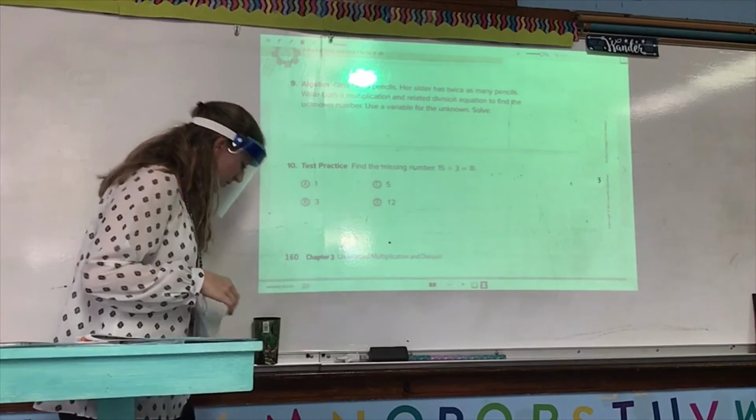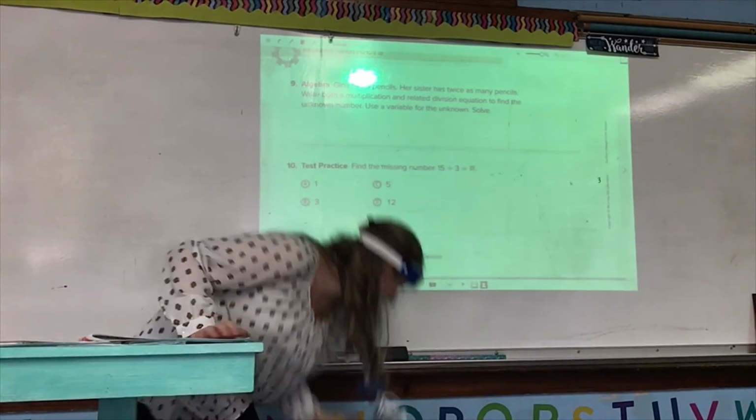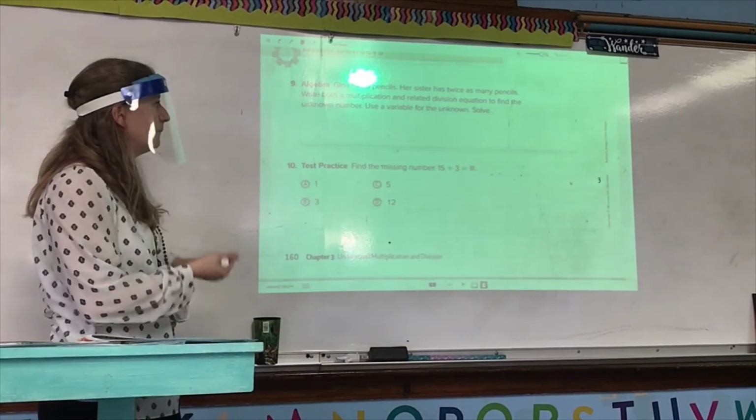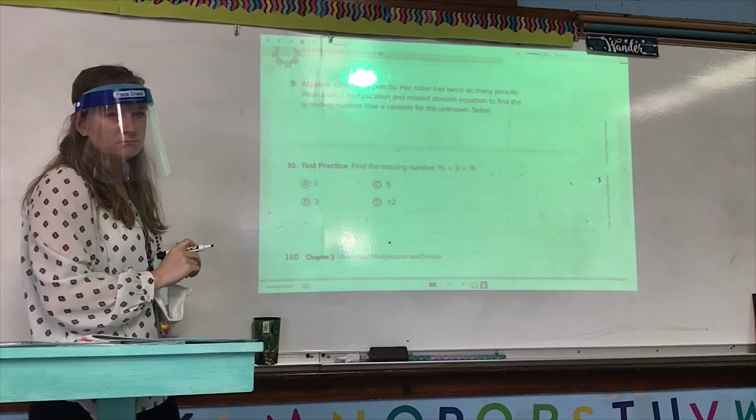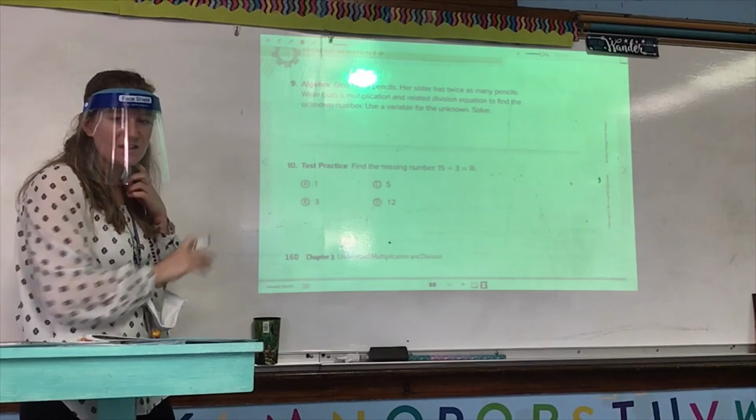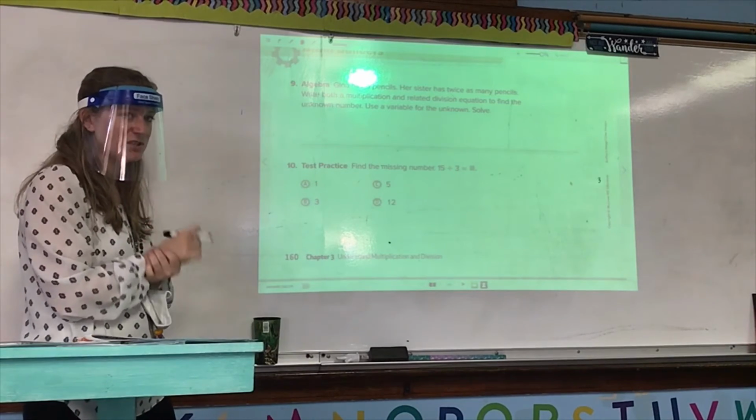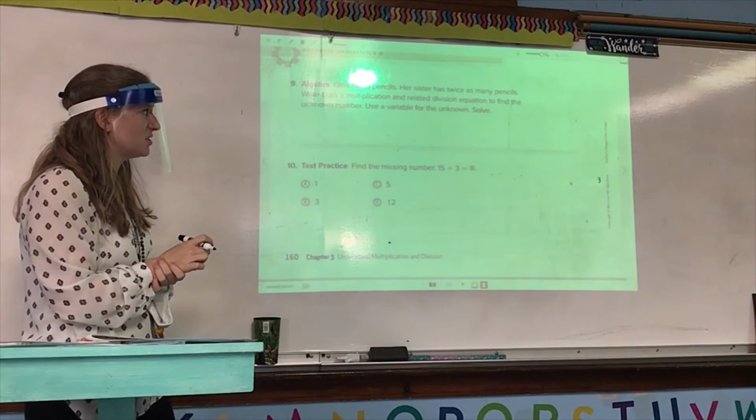Okay, Cullen. What is the question in this problem? Sometimes it's a command, which means it's telling us do this. It's not asking us to do it, it's telling us to do it.